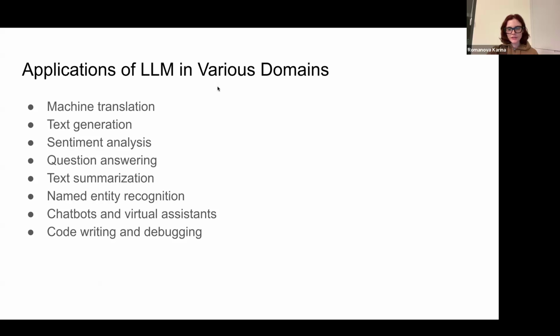Now we will dive into some major models that have shaped the field. BERT, an encoder-only model focused on understanding. GPT, a decoder-only model that generates text.